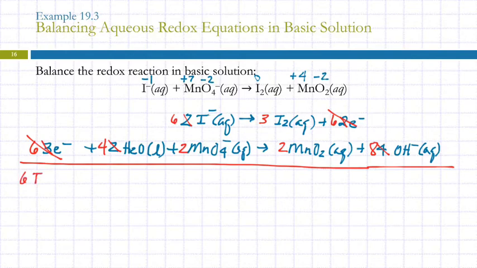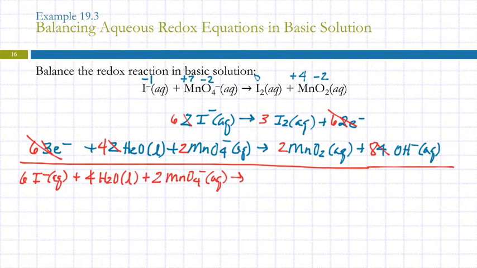So 6 iodide ions and 4 water molecules and 2 permanganate ions is going to produce 3 iodine molecules and 2 manganese dioxide molecules and 8 hydroxide ions.